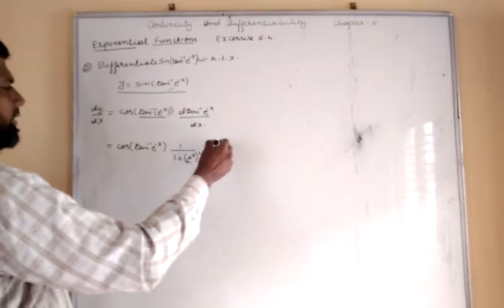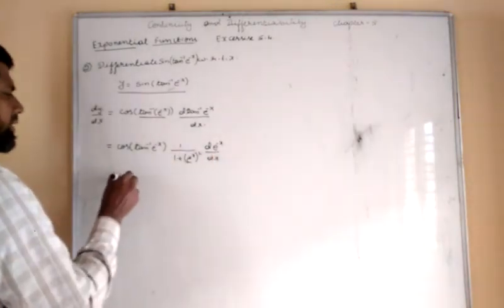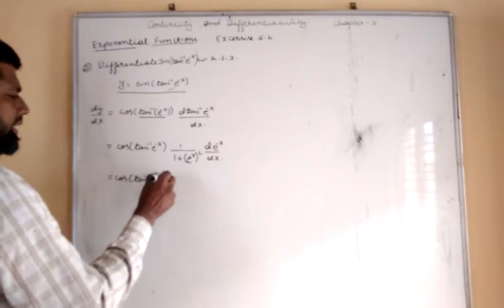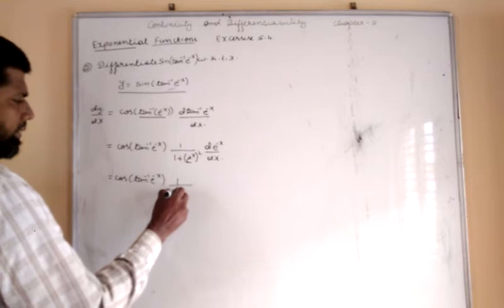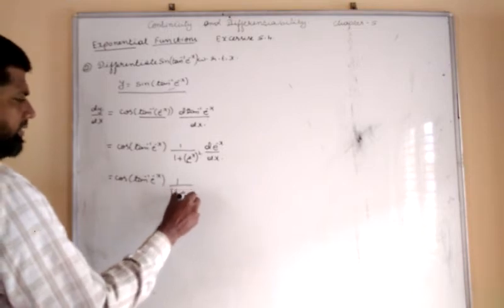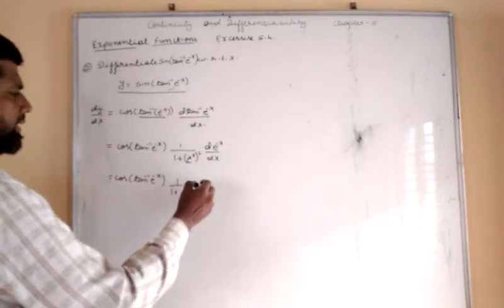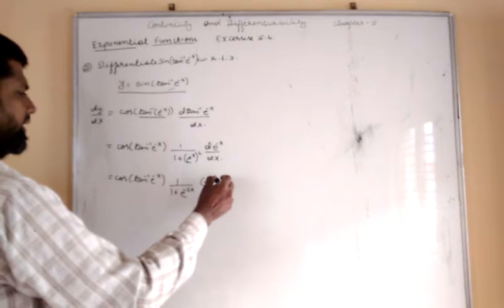Again differentiation of e to the power of minus x. Then cos of tan inverse e to the power of minus x into 1 by 1 plus e to the power of minus 2x. Again differentiation of e to the power of minus x is minus e to the power of minus x.